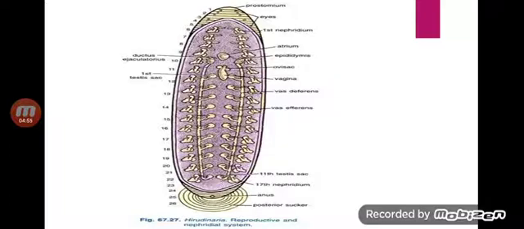The atrium is made up of an anterior prostate chamber and a posterior penis sac. The prostate chamber possesses thick muscular walls covered with several layers of unicellular prostate glands.